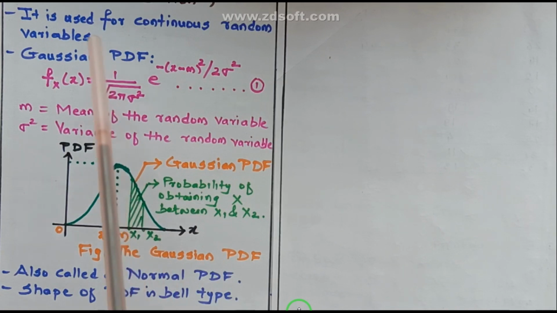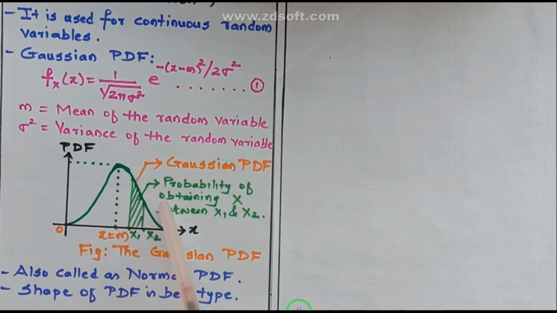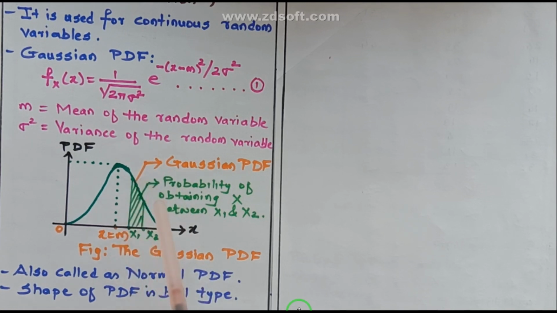This Gaussian PDF, as I told, is also called the normal PDF, and you can see from this figure that the shape of this Gaussian PDF is bell type, as shown over here. This is a graph of PDF versus small x.